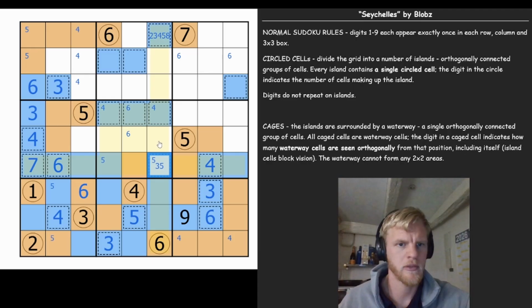Cannot be a 4, but a 5. Connect both of those. And a 6. No. Can it be 1, 2, 3, 4, 5, 6, 7? No, that's a 3 or 5.